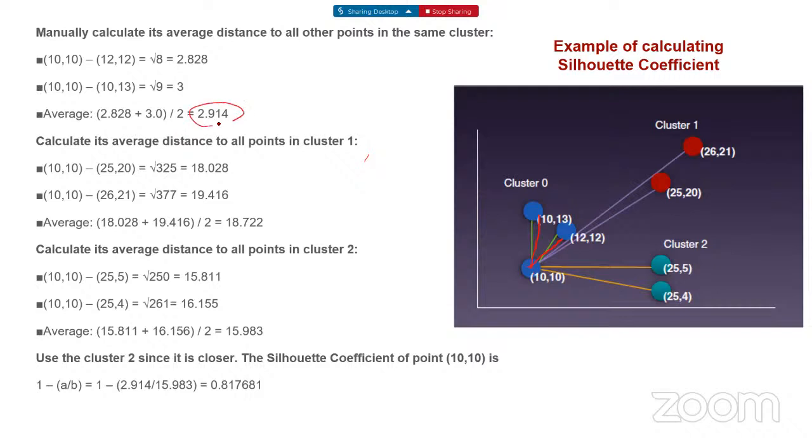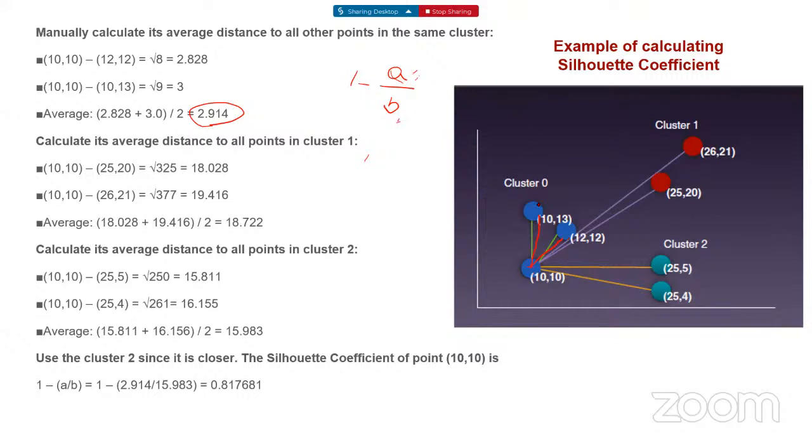So this is the A. This is the distance within the cluster. So the distance within this cluster is these two distances added together divided by 2.